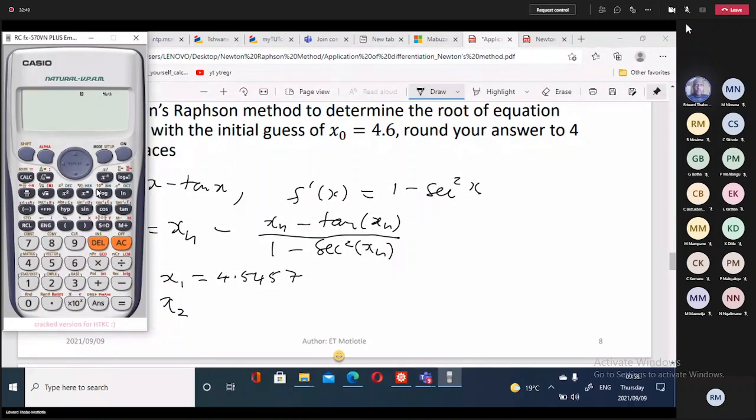Alpha x, okay, all over 1 minus, okay, then you repeat in that fashion until you have the solution. But I wanted to give you a solution. Cos alpha x, close this one, square.